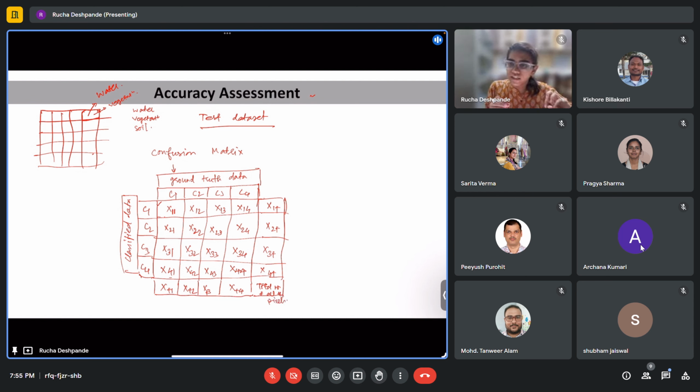So there are different accuracy measures which can be derived from this confusion matrix. First are the naive measures, which include the overall accuracy and per class accuracy, where we have user's and producer's accuracy.